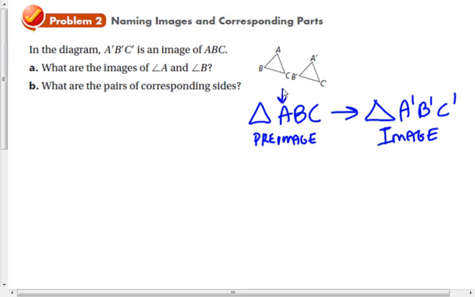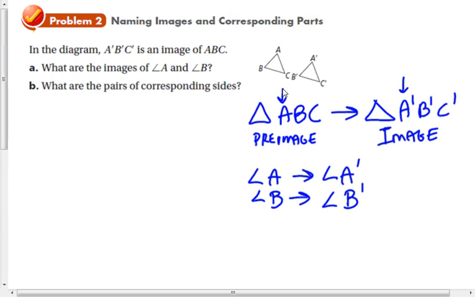So vertex A maps to vertex A prime in this one. So we could say that angle A is the pre-image of angle A prime. And we can also say that angle B is the pre-image of angle B prime.